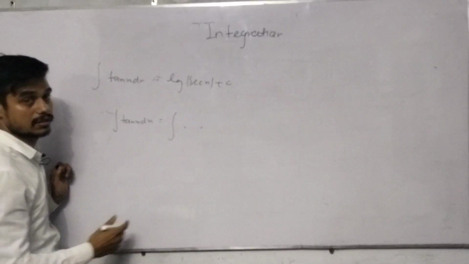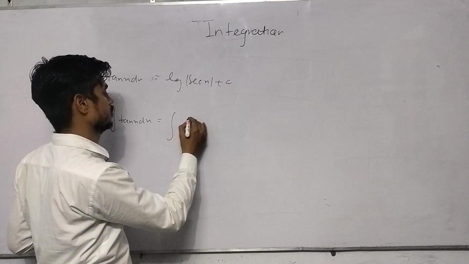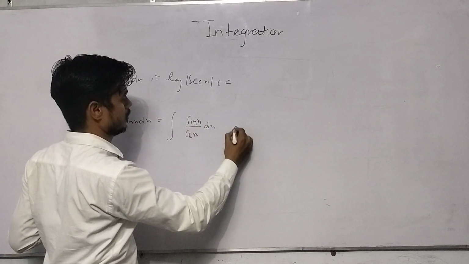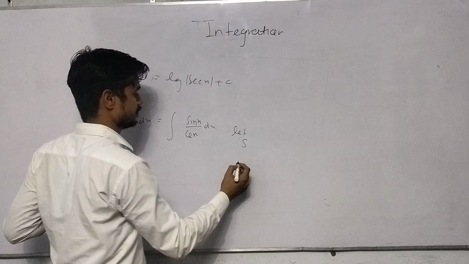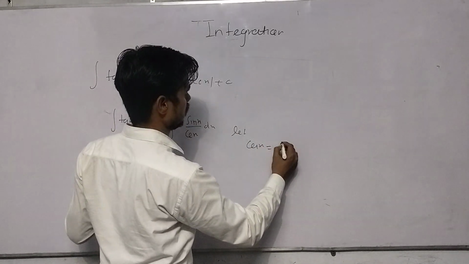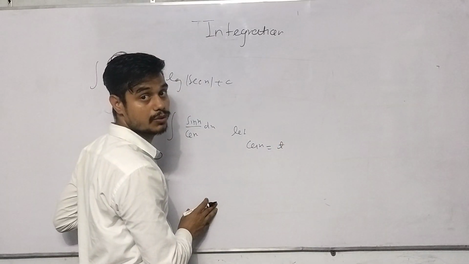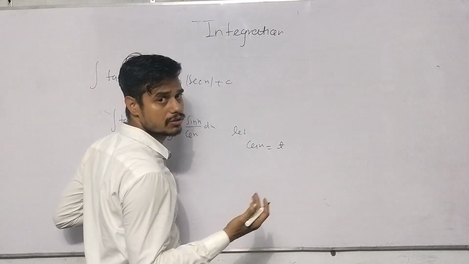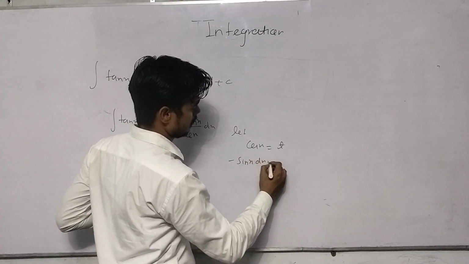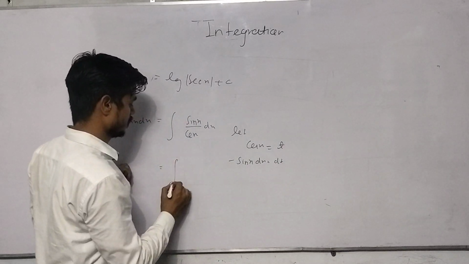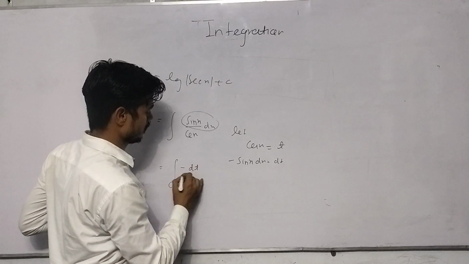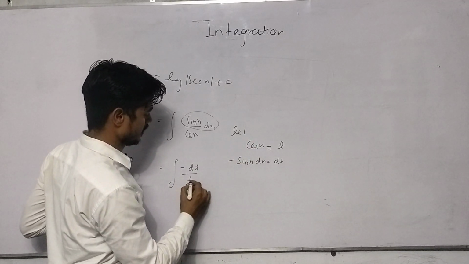We can write this tan x in terms of sin x upon cos x dx. Let cos x is equal to t, and differentiating on both sides, sin x dx will be converted to minus dt, and this cos x will be t.